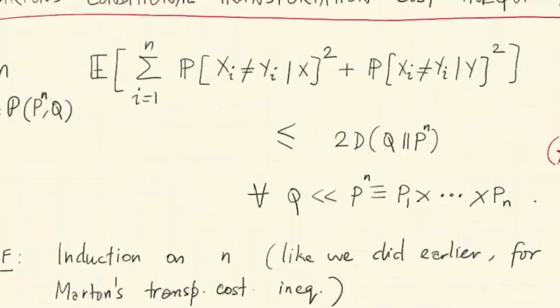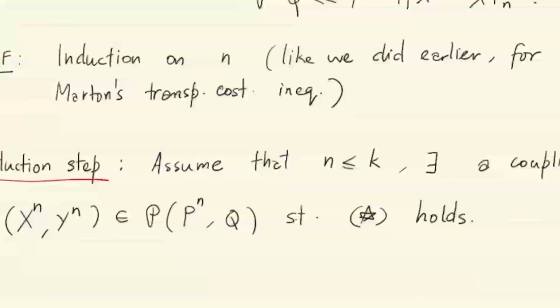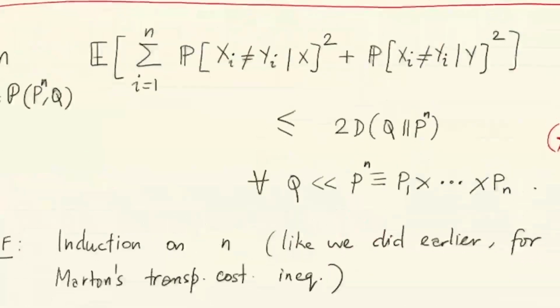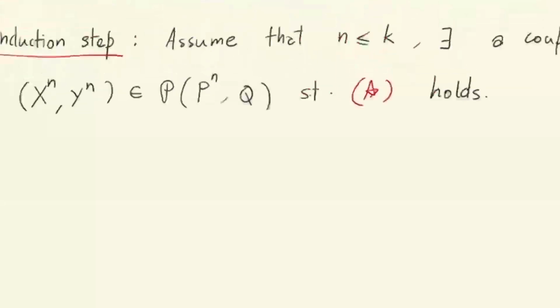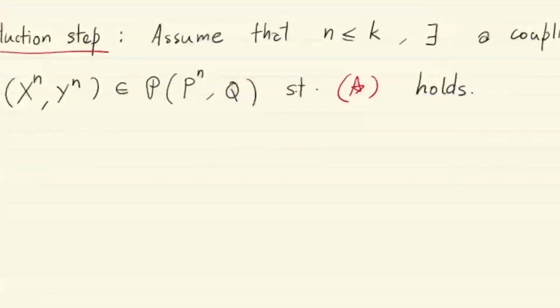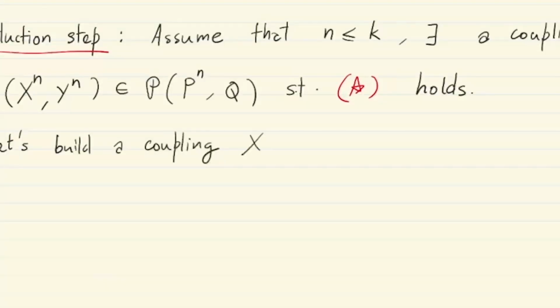So this is star here. Let's assume that this statement holds for all n at most some integer k. What we will do is to show that the same inequality holds for n equal to k plus 1 by building a new coupling. Let's now couple using sequences of length 1 extra.